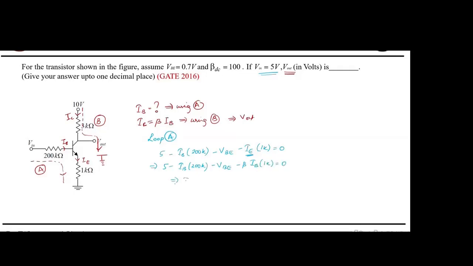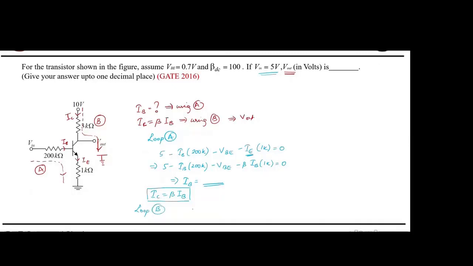Now from this equation, can I solve for IB? Yes, sir. Now once I get IB, I can get IC using this formula. Yes or no? Okay, now what about the other loop?